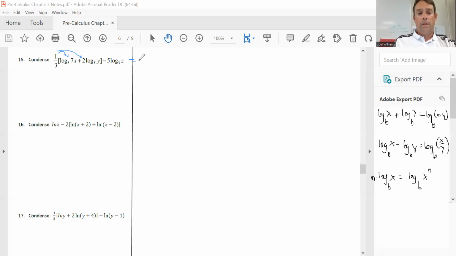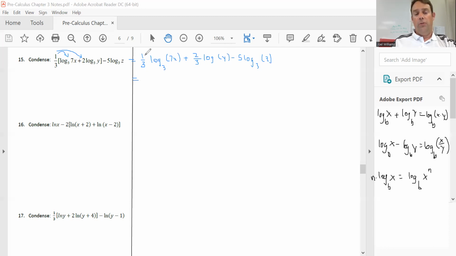All right, so I end up with 1/3 log base 3 of 7x and 2/3 log base 3 of y minus 5 log base 3 of z.